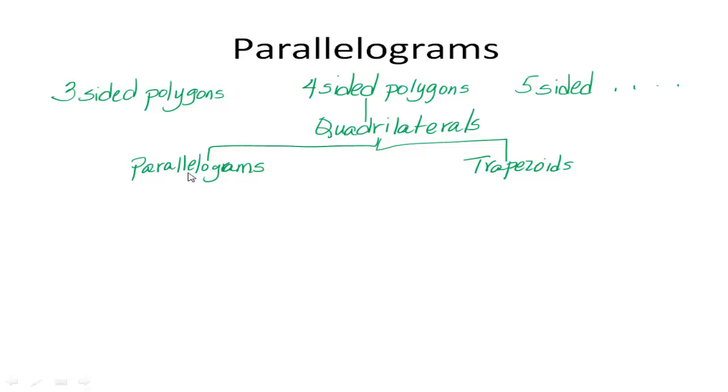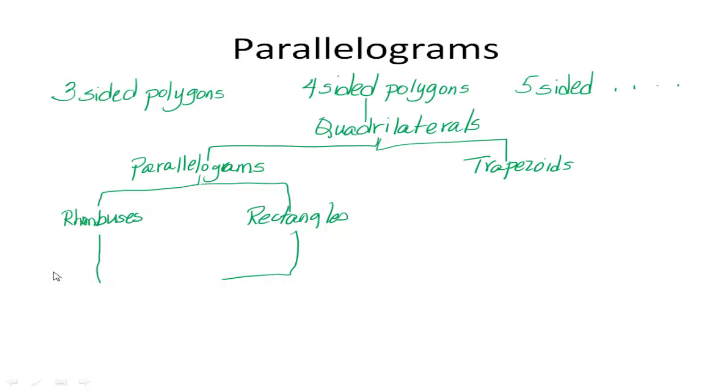Parallelograms is one big category, which will include rhombuses and rectangles, and rhombuses and rectangles include squares. If I look at this flow chart, I can easily see that parallelograms is the big category for quadrilaterals, and inside it you'll have rhombuses, rectangles, and squares.